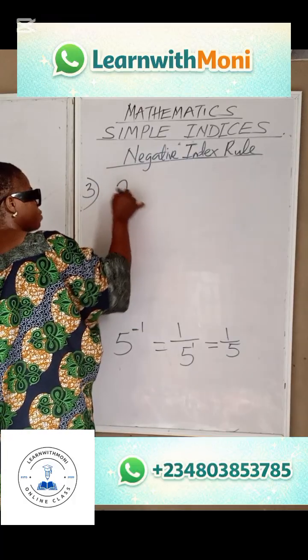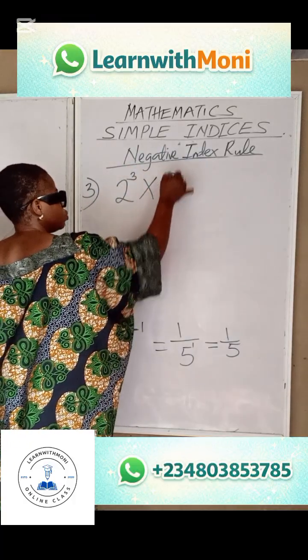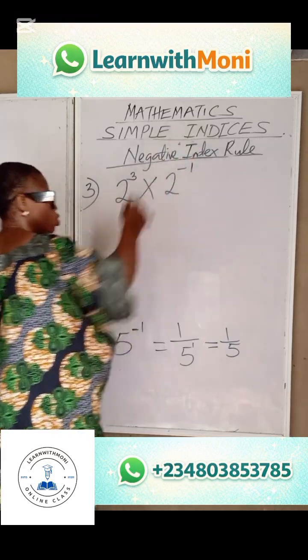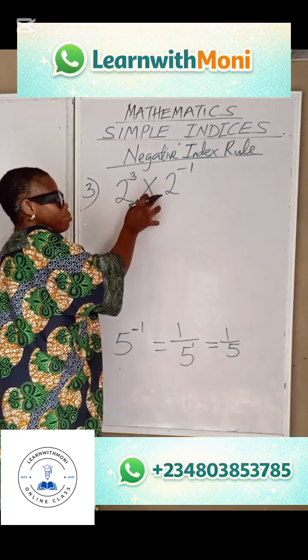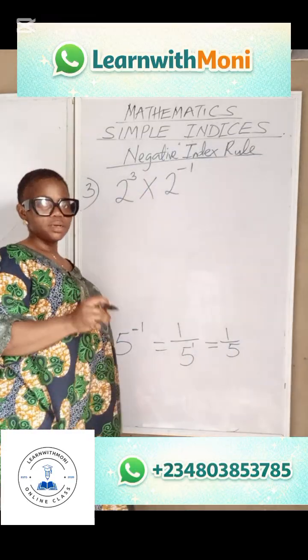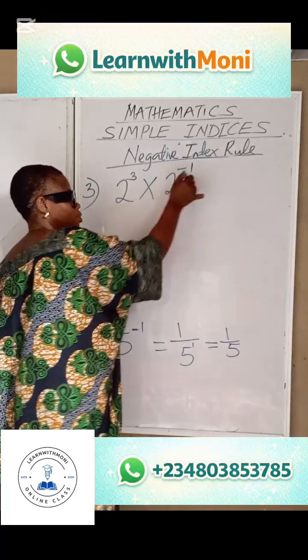Like when I have 2 raised power 3 multiplied by 2 raised power minus 1. There is no problem at all. We are still going to be making use of the multiplication law.